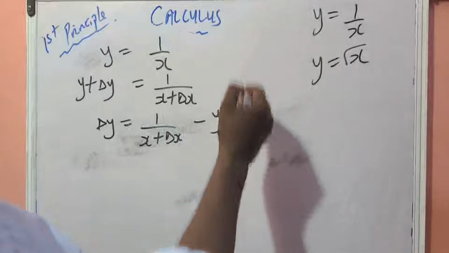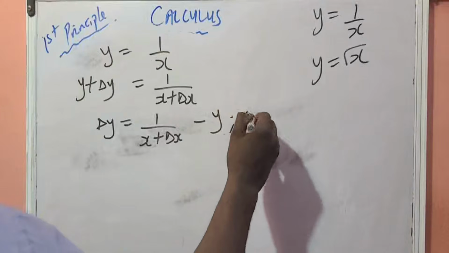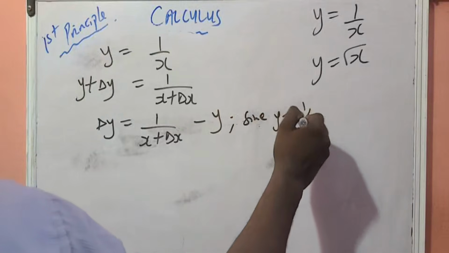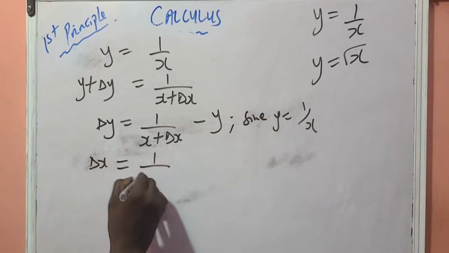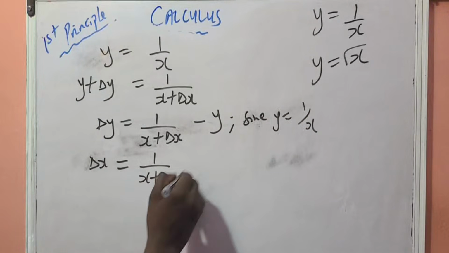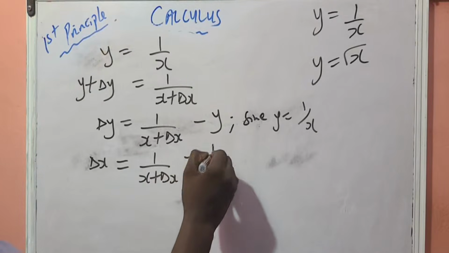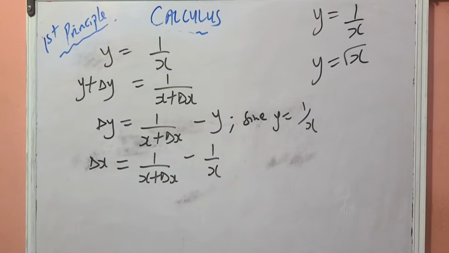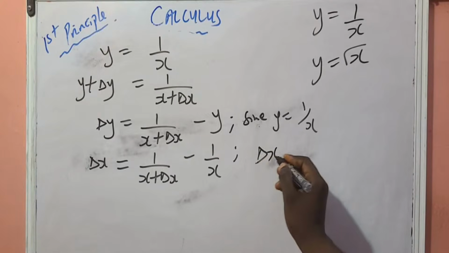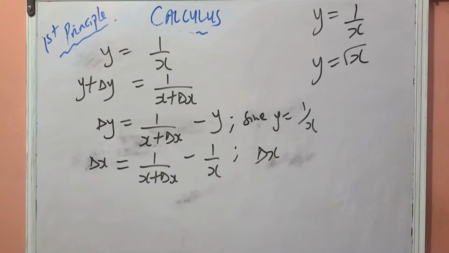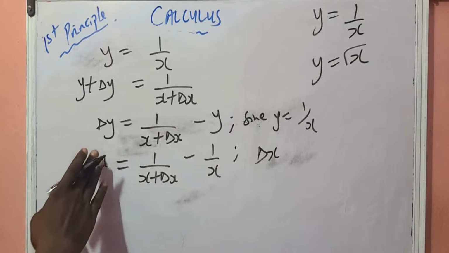All right? Now, we know that since y is equals to 1 over x, we would have to transform this expression as this minus 1 over x. Of course, the same thing we have always done is what you have to do here, which is for you to go on and make change in y the subject.